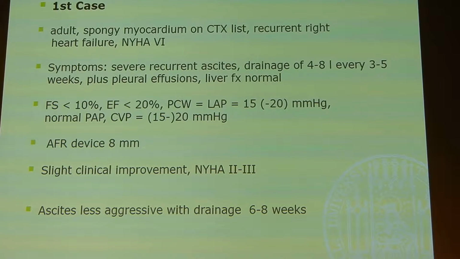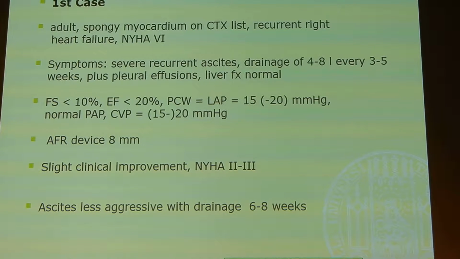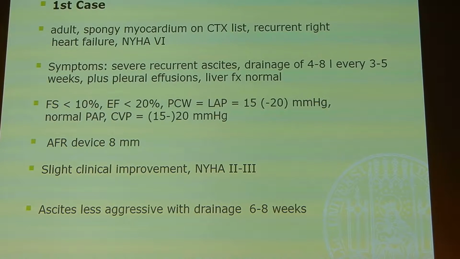The symptoms were recurrent ascites, drainage of 4 to 8 liters every 3 to 5 weeks, plus pleural effusions, however normal liver function, and fractional shortening of less than 10%, ejection fraction of less than 20, with on catheterization not so impressive pressures of 15 to 20 in the left atrium, as well as PCW and normal pulmonary artery pressures, and a central venous pressure also of 15 to 20.